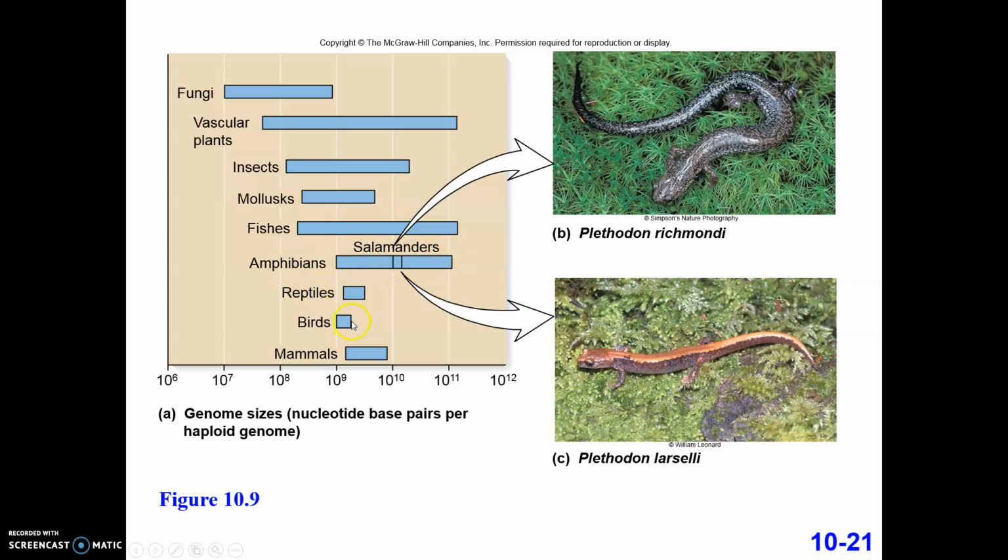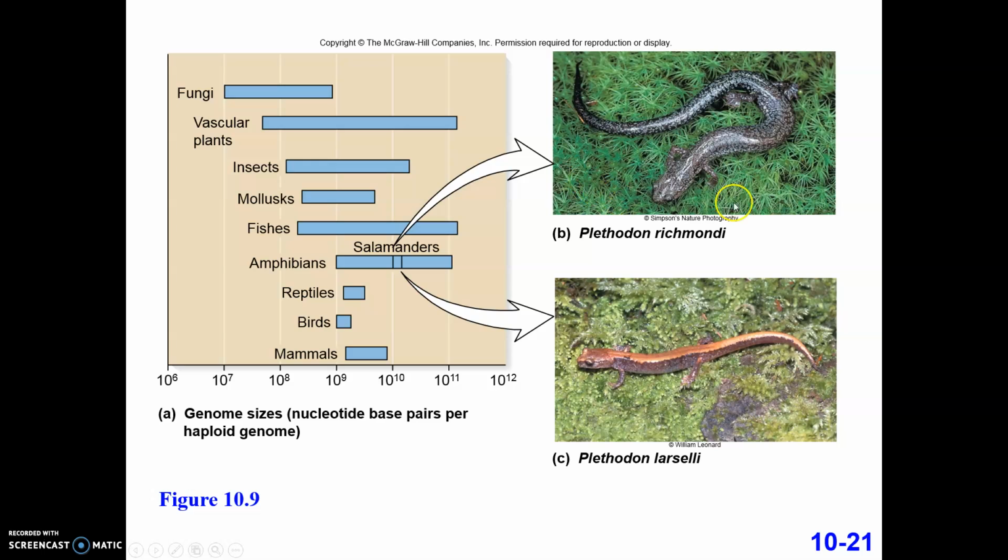Both reptiles and birds tend to be very narrow in their genome sizes, and we tend to be much smaller as well. Notice that for genome size, plants can have way more genes than we do, or way fewer genes than we do. Recognize that this is a log scale, so each step here is tenfold bigger.